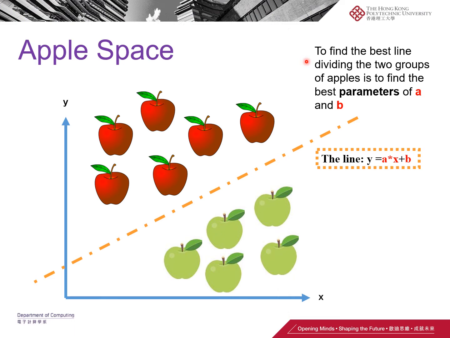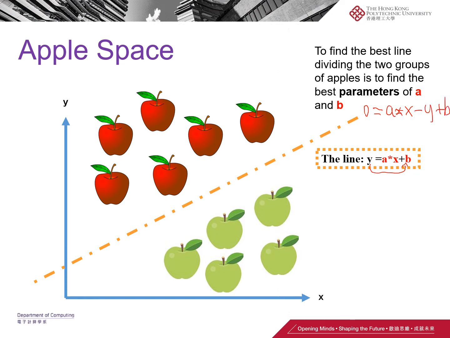In that case, we can do something like this, let me write it, also from high school math. We can actually move the y to the right side, and it becomes 0 equals a multiplied by x minus y plus b.